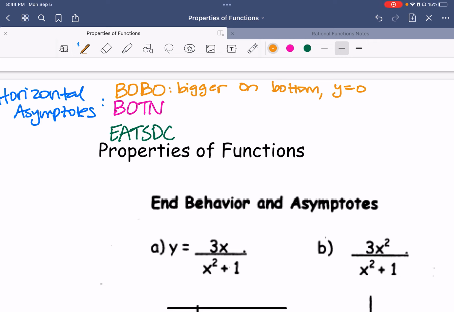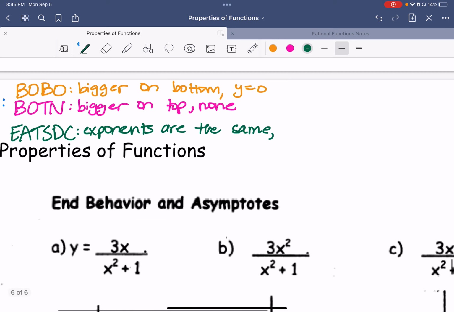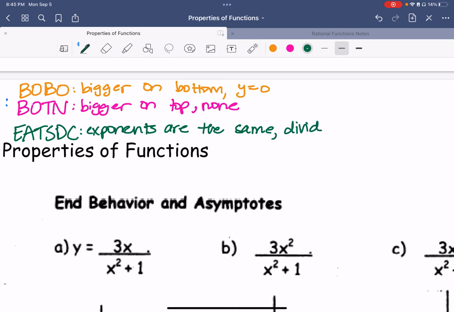BOTN stands for bigger on top, none. Bigger on top, none. EATS DC stands for exponents are the same, divide coefficients.